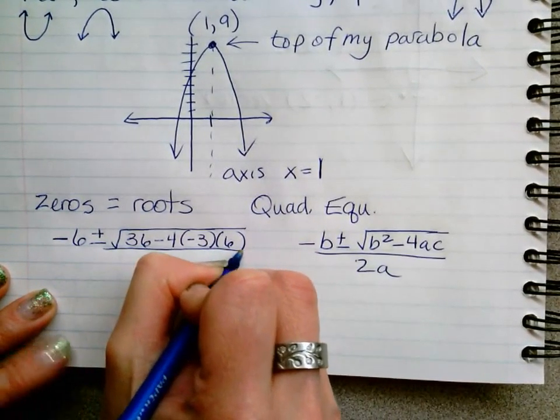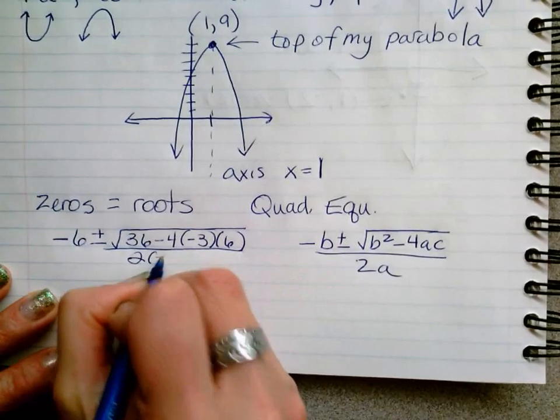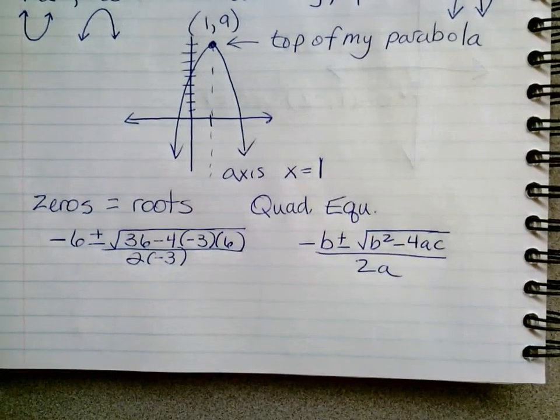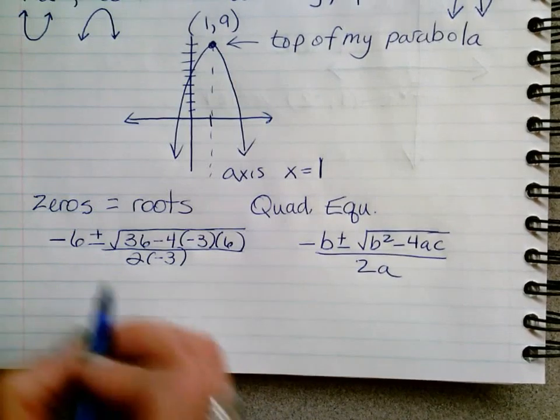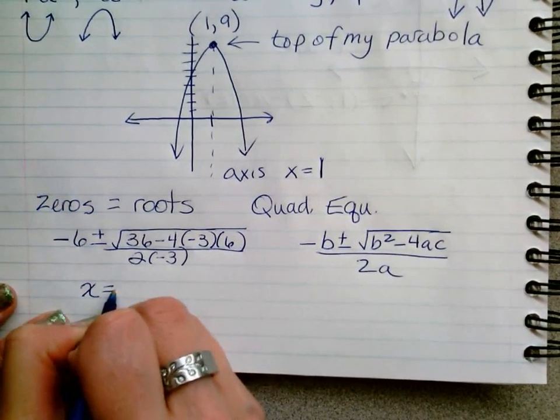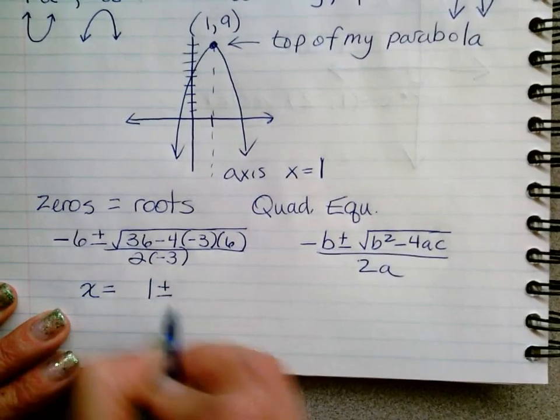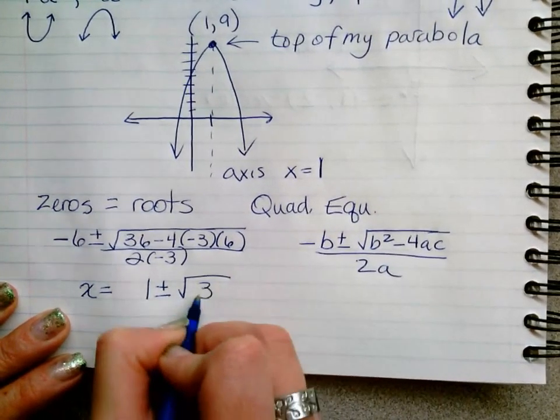All of that over 2 times negative 3. You could go through and do all that, and what you're going to find is the value of the root is 1 plus or minus the square root of 3.